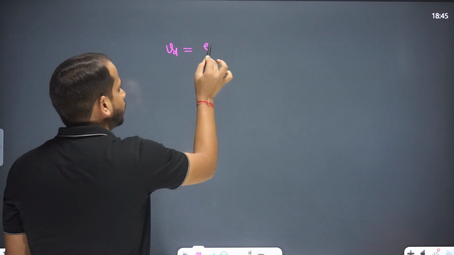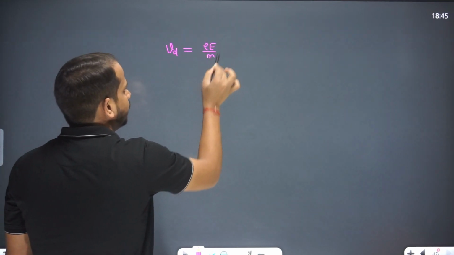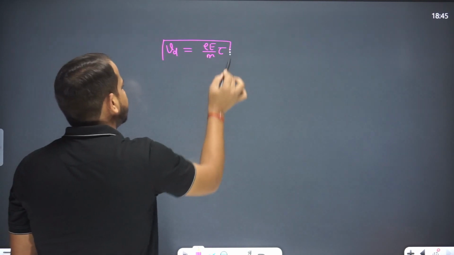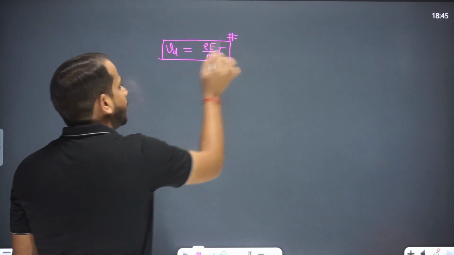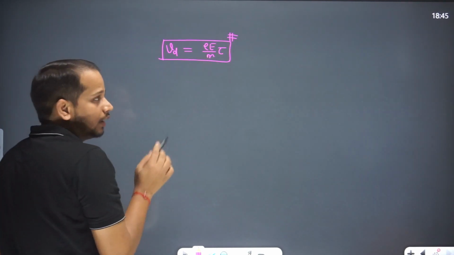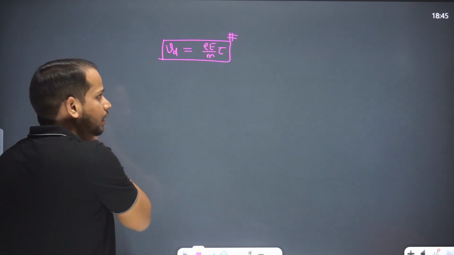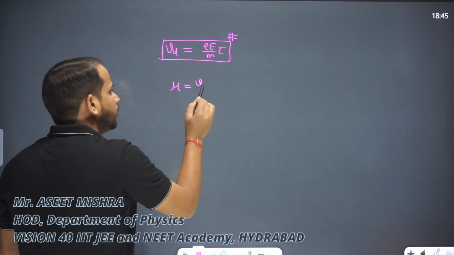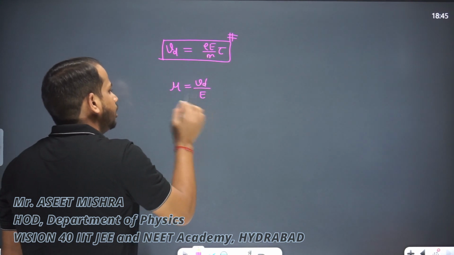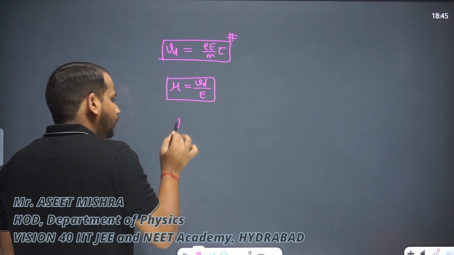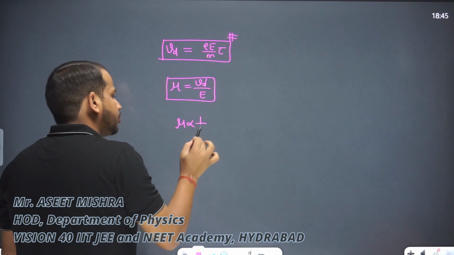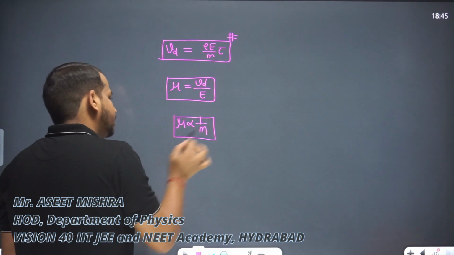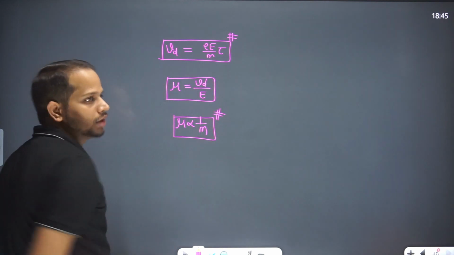From today we have to remember it is e by m into tau, and it depends upon E as well as tau, and tau depends upon temperature, right? And the mu is Vd by E. One important thing from this is that mu is proportional to 1 by m. जिसका mass ज़्यादा उसकी mobility कम, right?